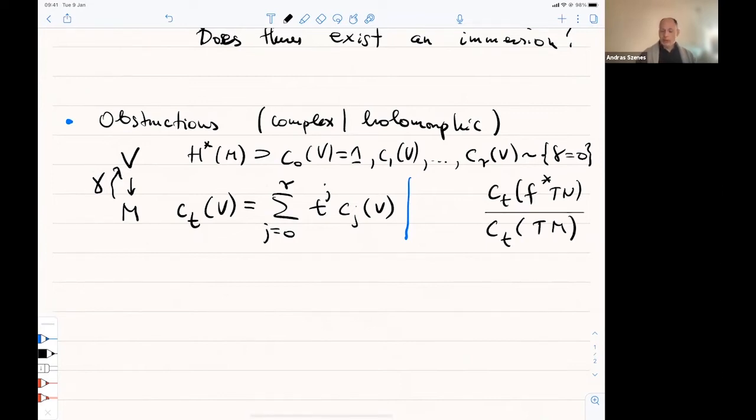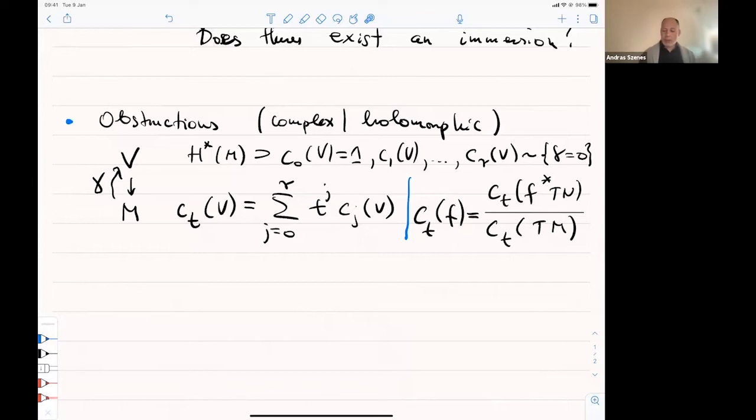It does make sense because it has values in a nilpotent ring, and so this definition will define the characteristic classes, which is now formally an infinite series, of our map F. And indeed, this class that we introduced here, this total class, only depends on the homotopy of F. And so this will be our language for finding the obstructions.